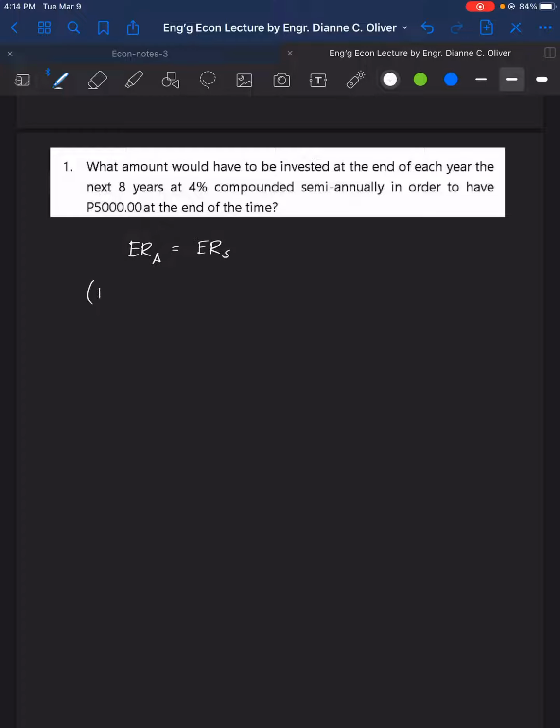So we have 1 plus i raised to 1, minus 1, since this is for annual, is equal to 1 plus 0.04, which is semi-annual, raised to 2, minus 1.